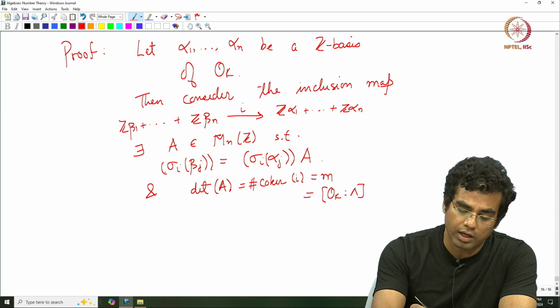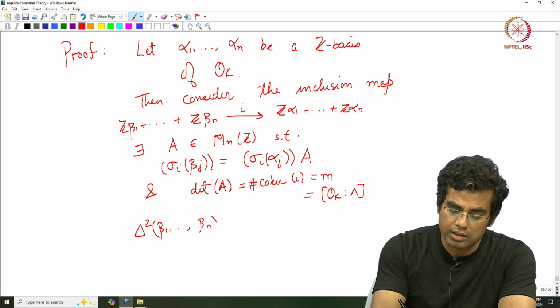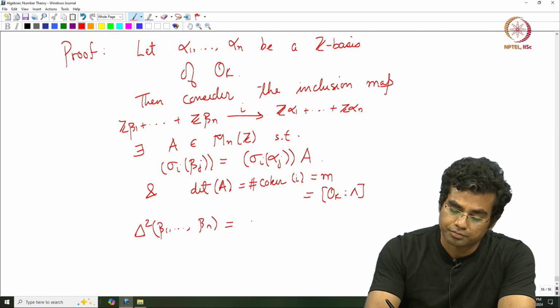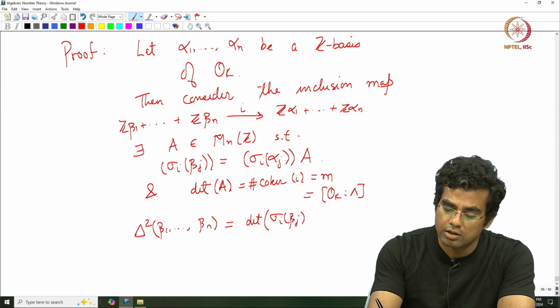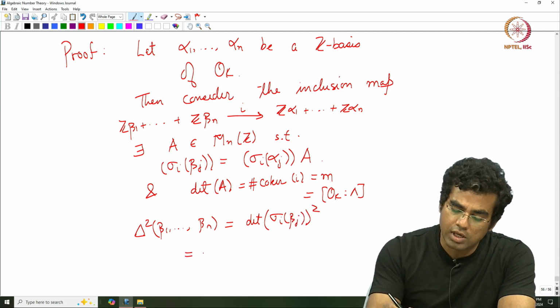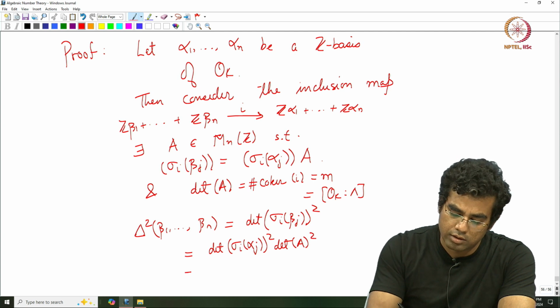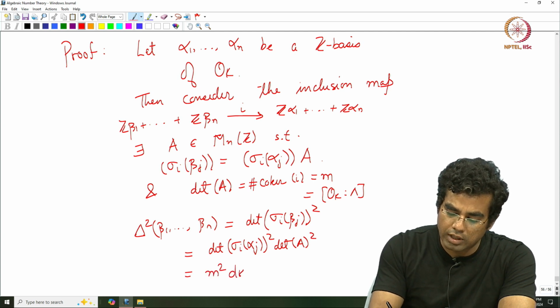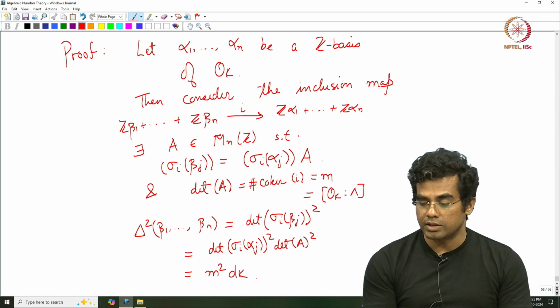And now if you just look at this, my delta squared of beta 1 up to beta n is equal to determinant of sigma_i beta_j squared, which is equal to determinant of sigma_i alpha_j squared times determinant of A squared, which is m squared times d_K, right. So, we have proven this relation.